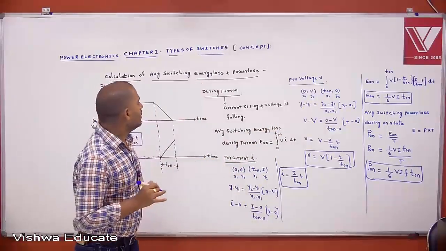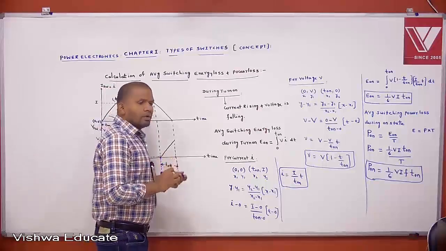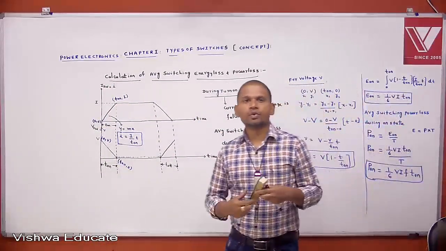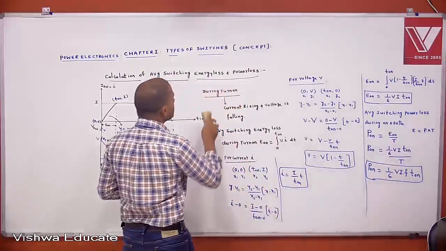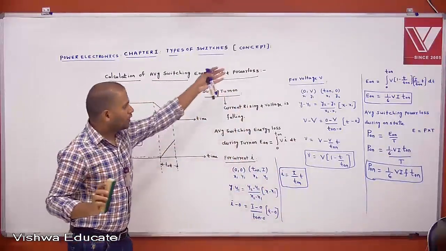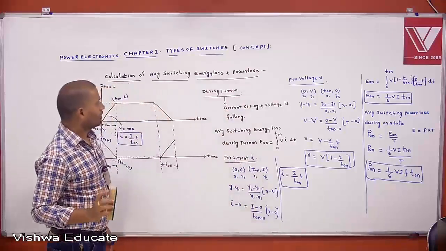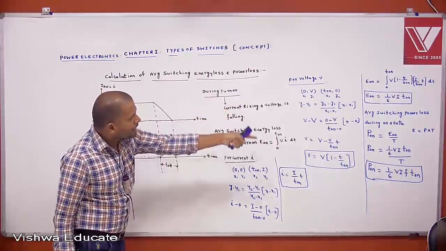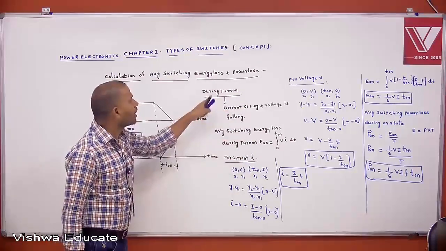Understood? Now similarly, I want to do the calculations during turn off. Please understand, note this down. This is the average energy loss and average power loss during the turn on process.